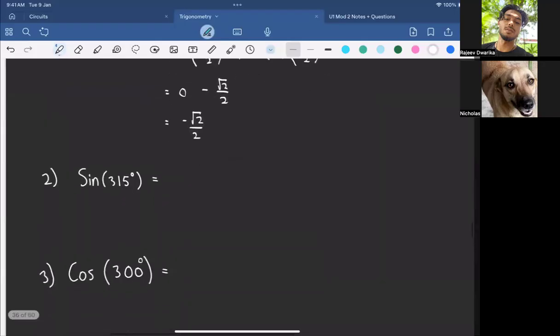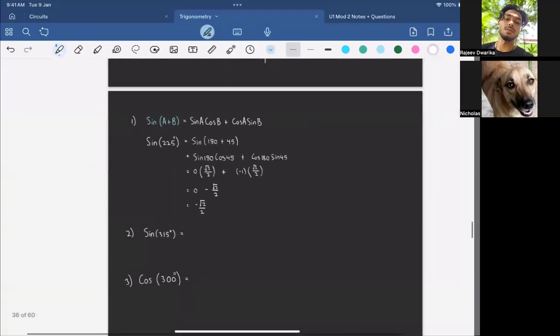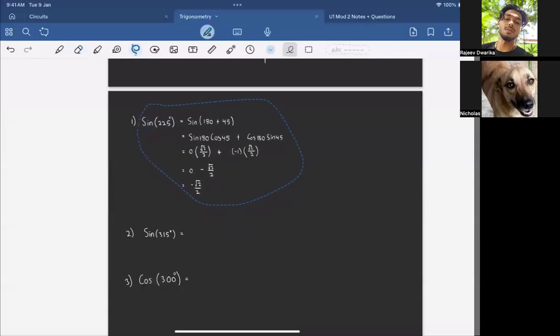Right? Sine 315. What two angles could I add or subtract to get 315? I add 270 and 45. You want to try minusing and see if it will work out?